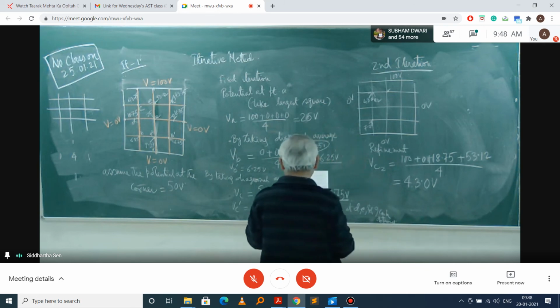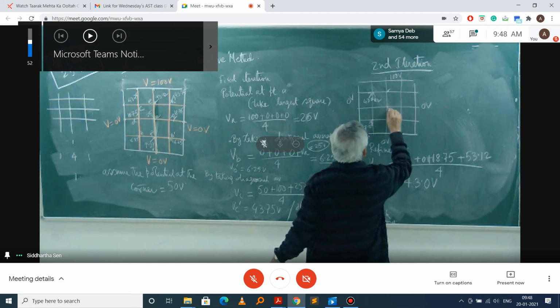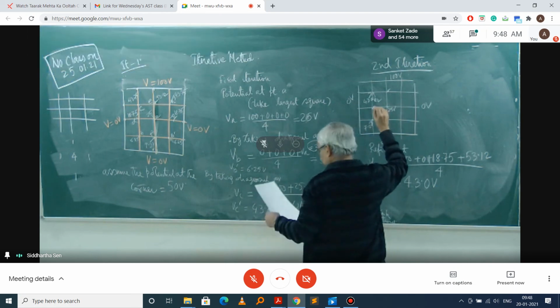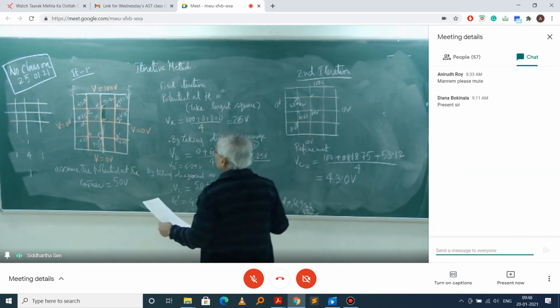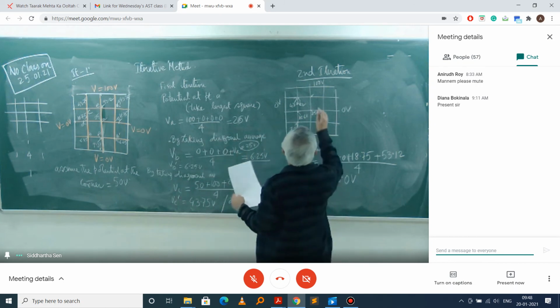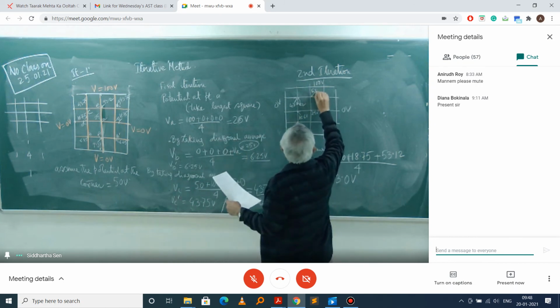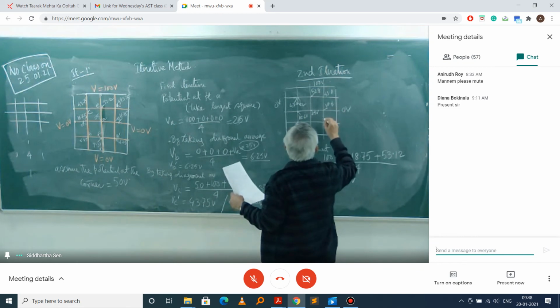So in this way, what we will get is that they will be altered, but this will be remaining the same, 25 volt. Here it is 18.6 volt. It was earlier 18.75. Here it is 52.8 volt. And here obviously it is 43.0, all replica. This is 18.6. This is 7.0.